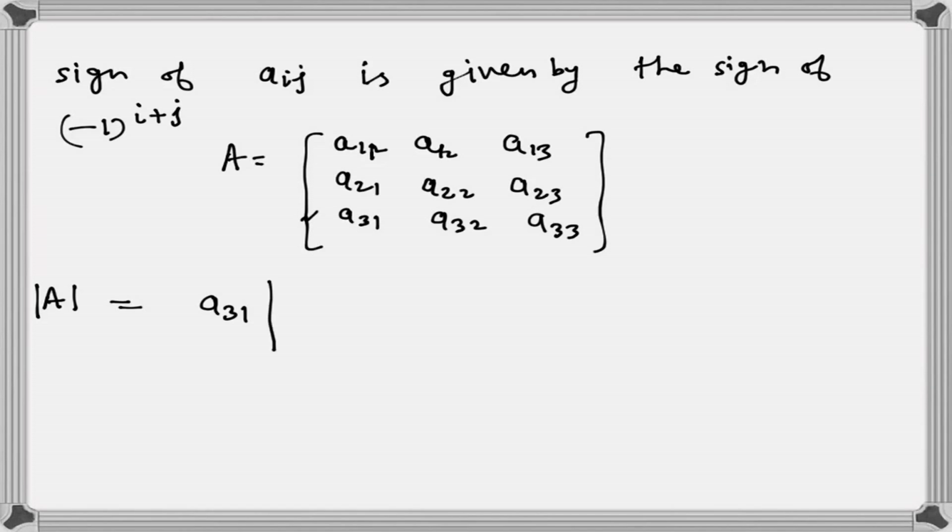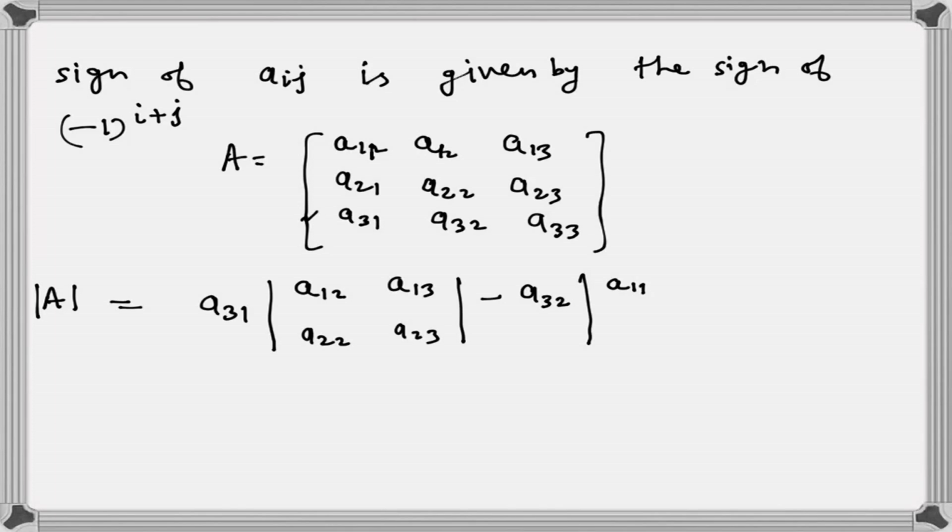So we take the first element a31 and delete the third row and the first column, and we get the matrix a12, a22, a13, a23. Then we take the second one, a32, and this sign will be negative because 3 plus 2 is the odd number 5, and then we delete the third row and the second column.